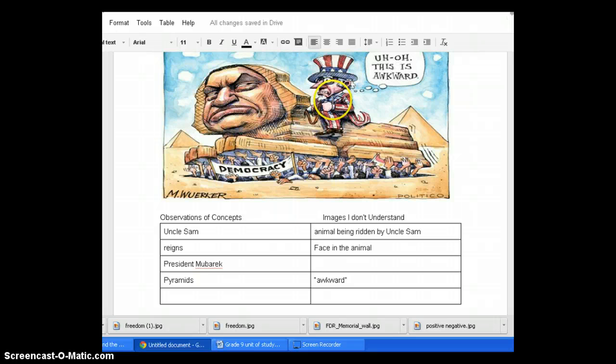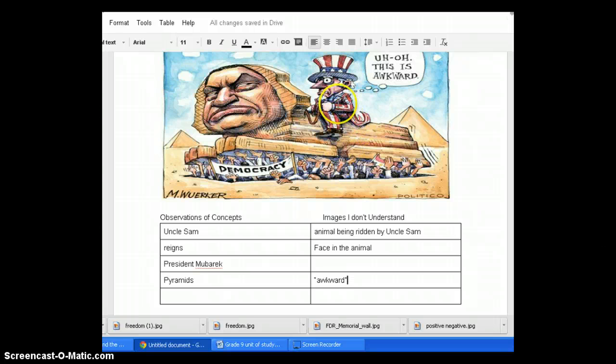The problem is that the United States is allied with Egypt, and especially President Mubarak. So it becomes an awkward time in U.S. foreign policy when we have a grassroots movement, and remember we talked about that in one of our previous texts. Grassroots means it comes from the people. It's a movement, usually political, where the people are in charge and demanding differences, not the political leaders of the age.